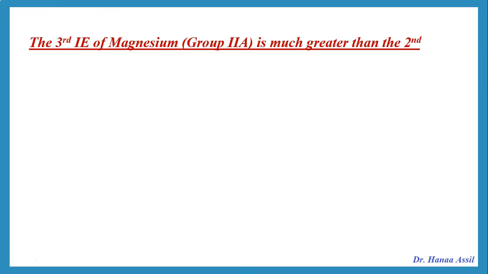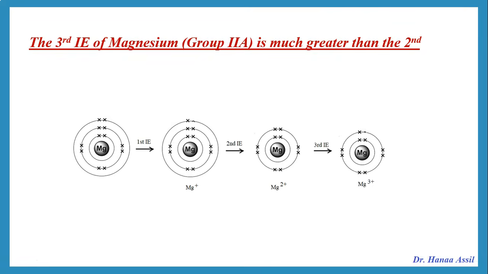What if we're looking at magnesium? If we say that the third ionization energy of magnesium is much greater than the second, well, let's look at magnesium. Magnesium has 2 electrons in its outermost shell. So the first ionization energy is removing one of these two outer electrons to form a +1 ion.